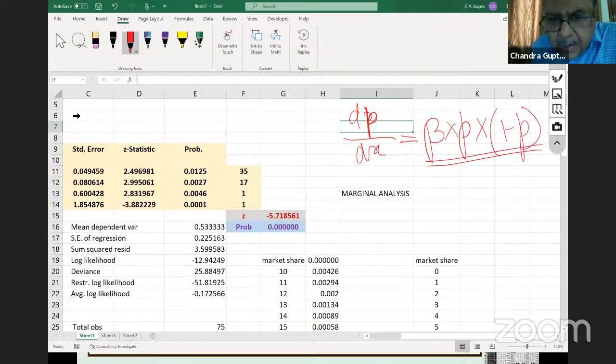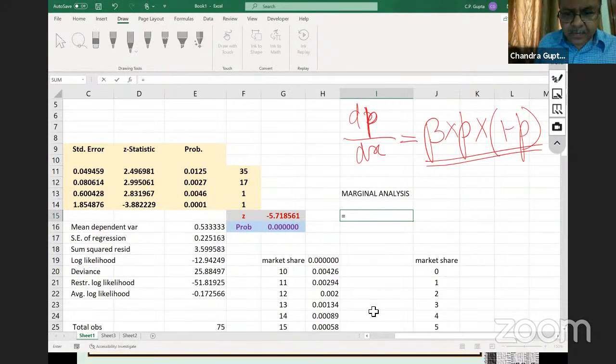Okay, so I'm calculating this for the market share.